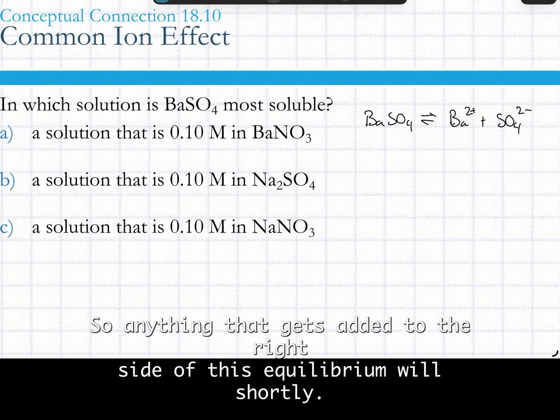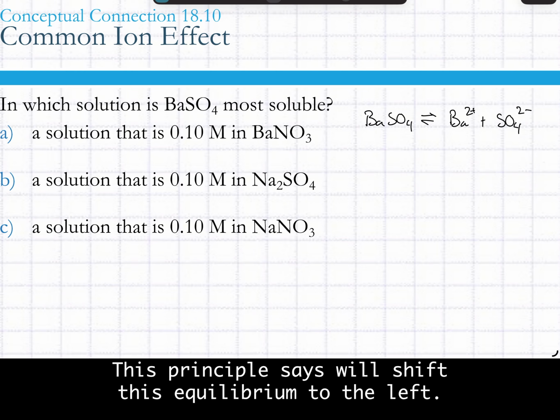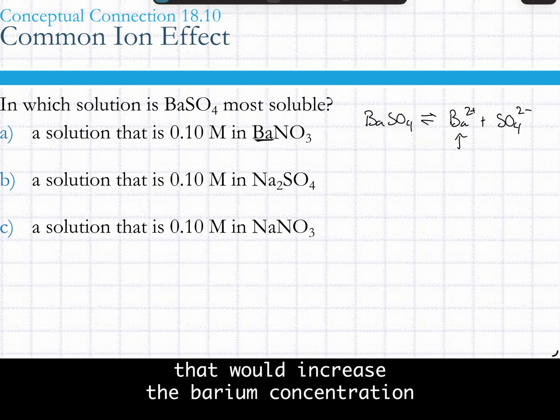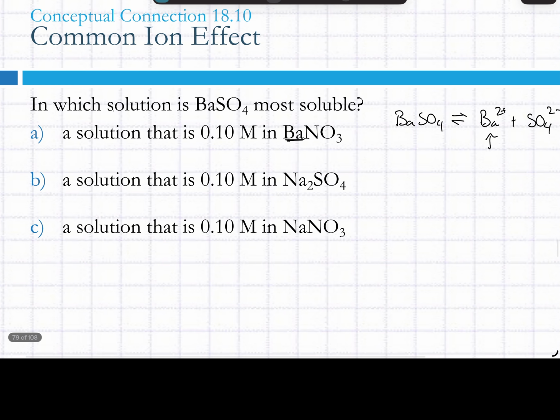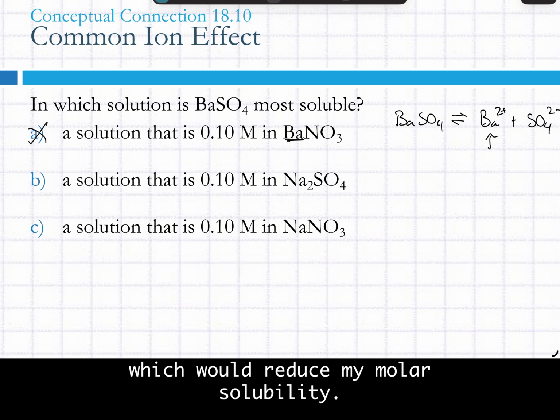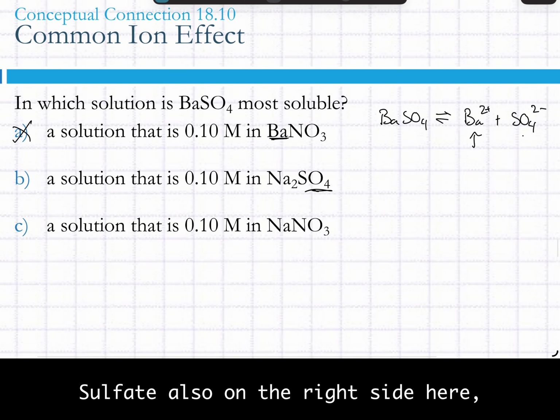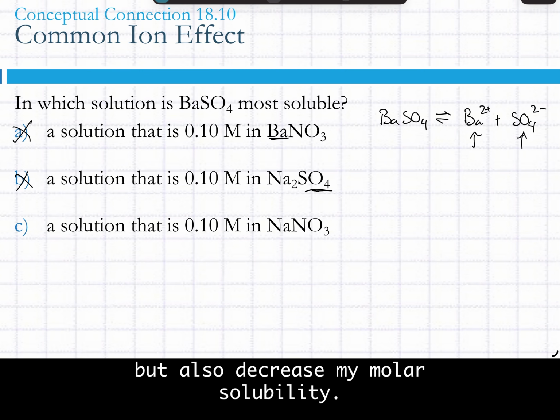Anything that gets added to the right side of this equilibrium, Le Chatelier's principle says, will shift this equilibrium to the left. So here I've got barium. That would increase the barium concentration, which would reduce my molar solubility. Sulfate, also on the right side here, would also decrease my molar solubility.